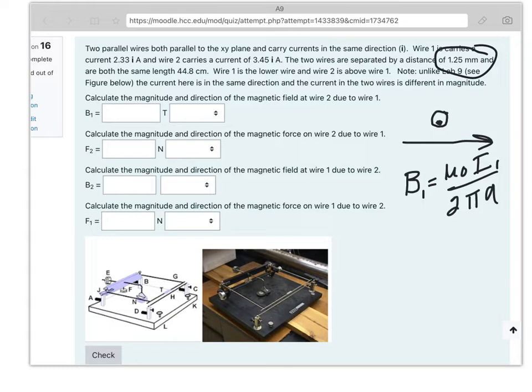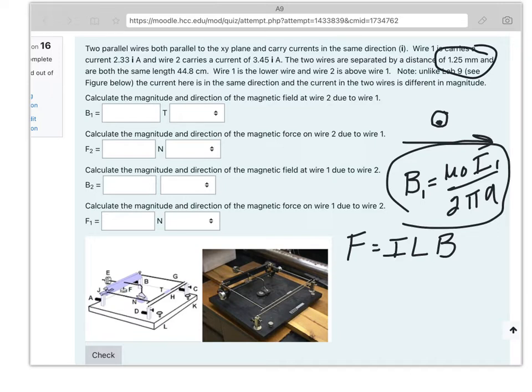And now, the next question is to calculate the magnitude and direction of the magnetic force on the wire. So this is the field. So the force on the wire is going to be ILB sine theta.